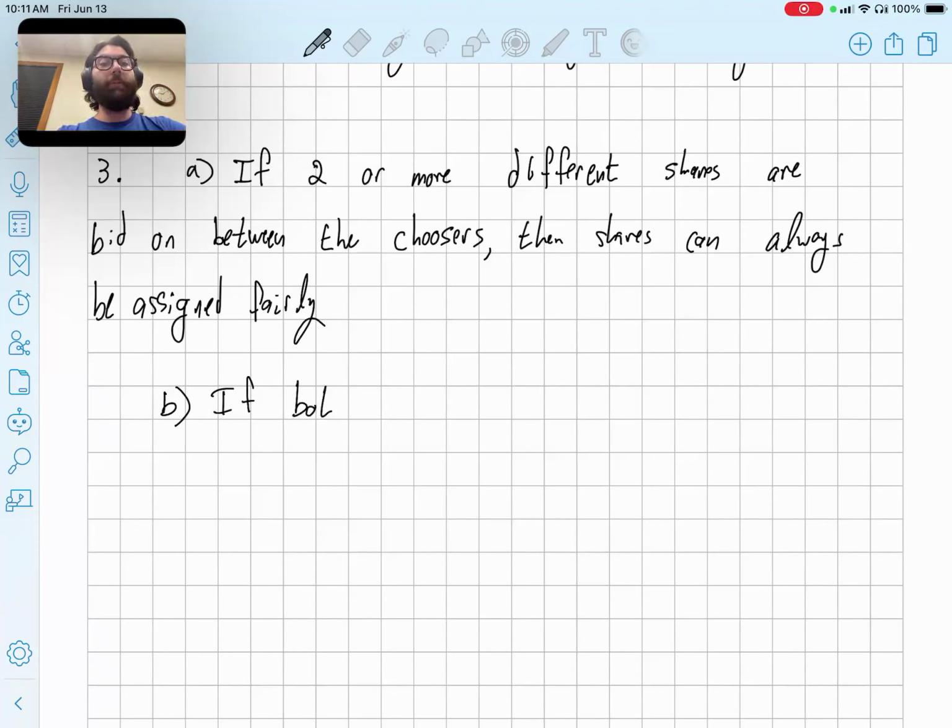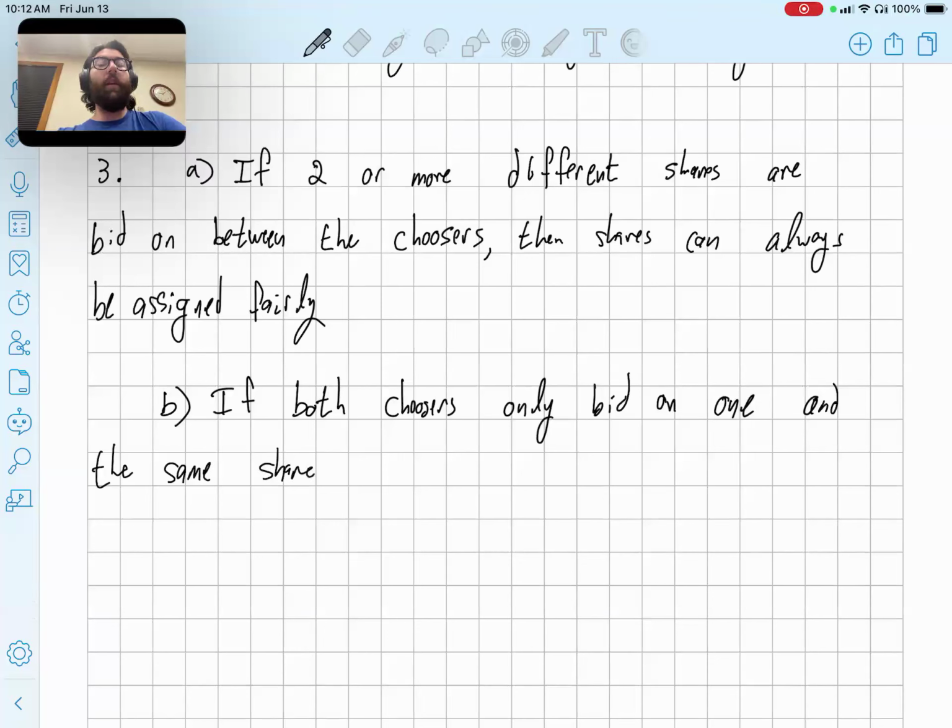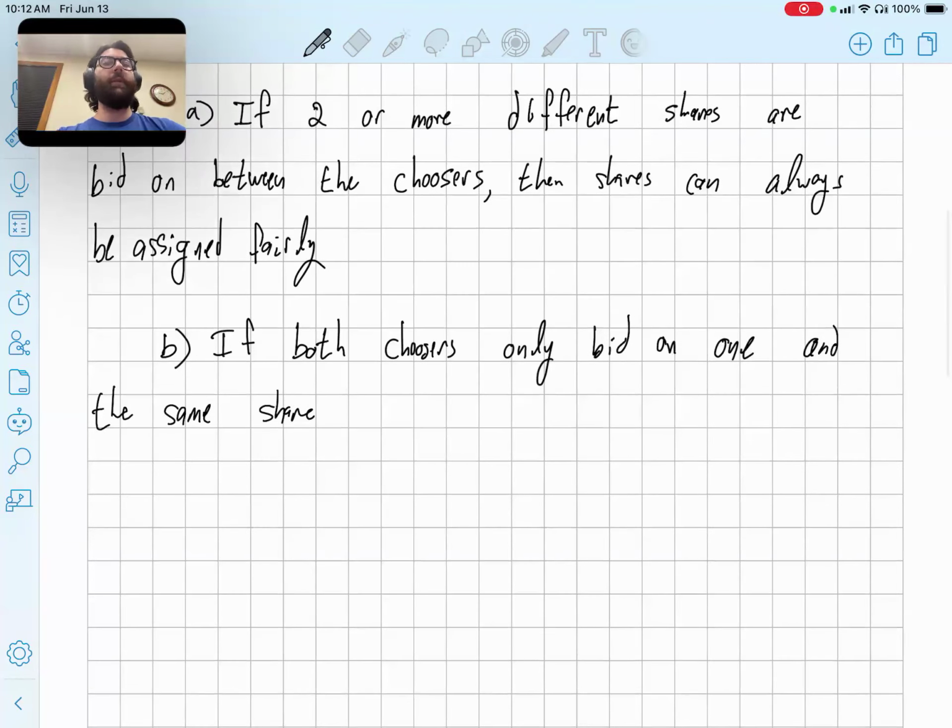So if both choosers only bid on one and the same share, so in this case, they're both competing for a single share. They both say, I want this first piece, and only that first piece.